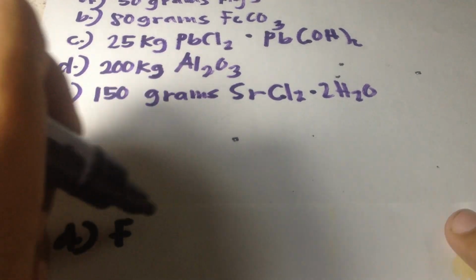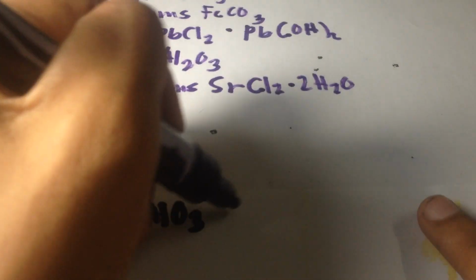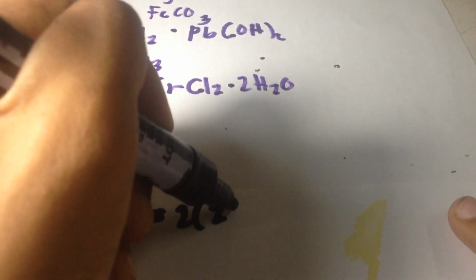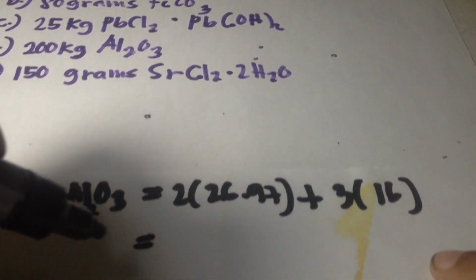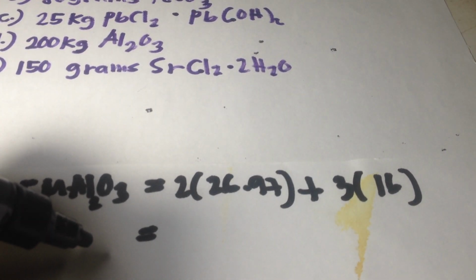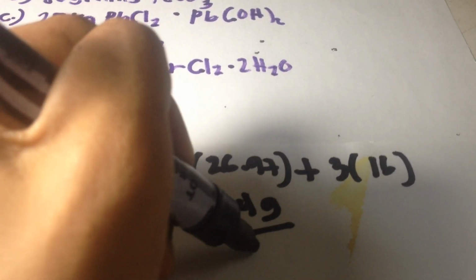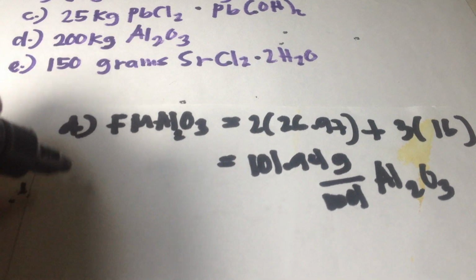So the formula mass of aluminum oxide is equal to 2 times 26.97 plus 3 times 16, which is equal to 101.94 grams per mole of aluminum oxide. Okay, we need to find the mass of aluminum.